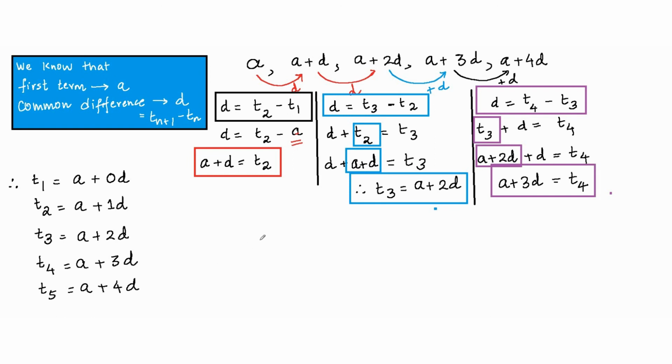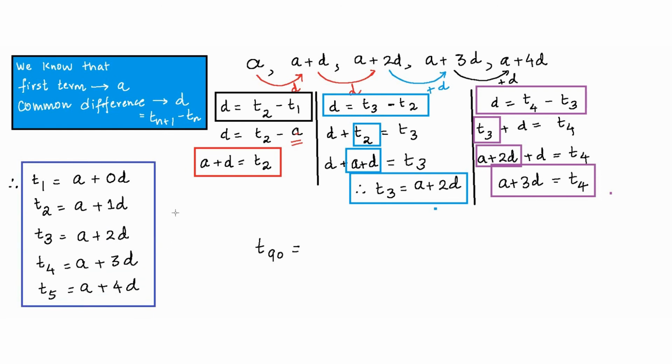So is it possible to guess what is the 90th term of this particular AP? If I want to guess this particular term, I will start taking a close look at any pattern that is hidden in the first 5 terms.